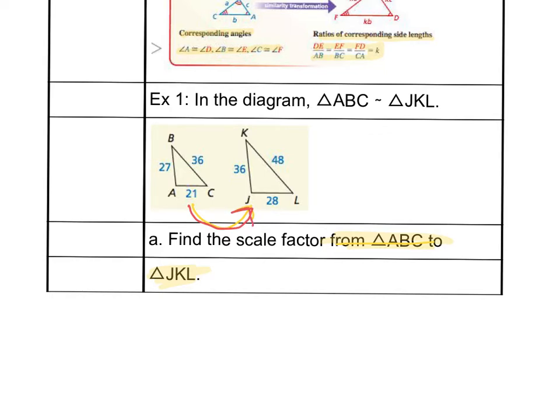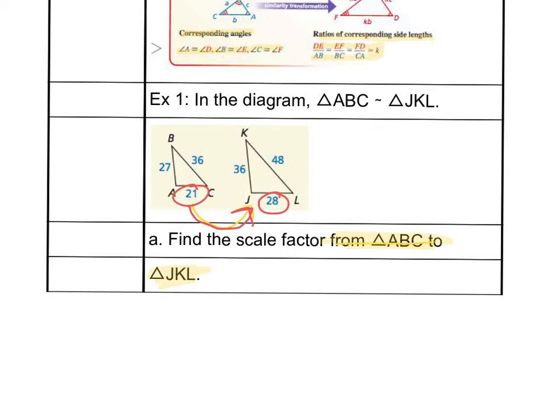So to find the scale factor, we're going to put the second triangle listed on the top and the smaller one on the bottom. I mean we're going to set up a ratio of corresponding side lengths to find our scale factor.